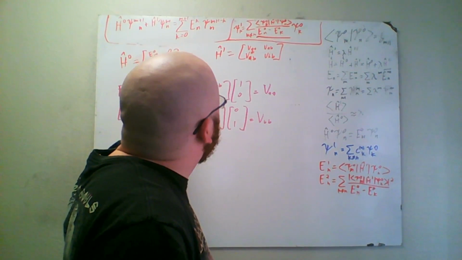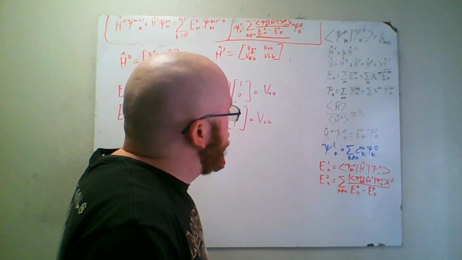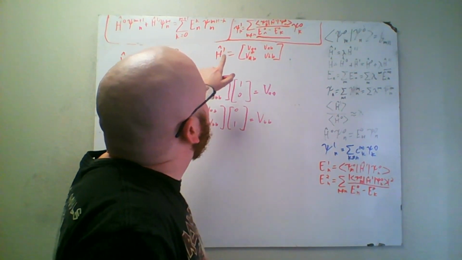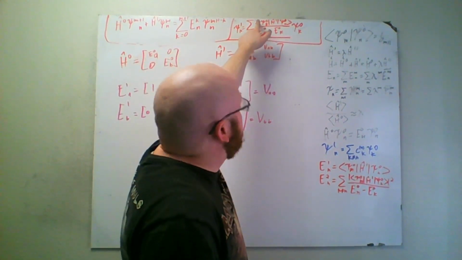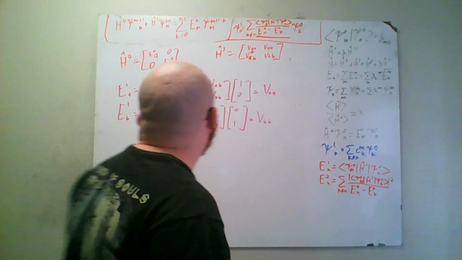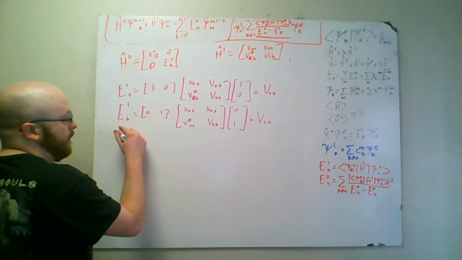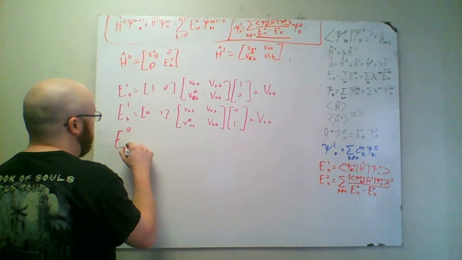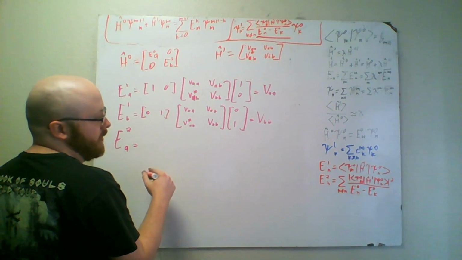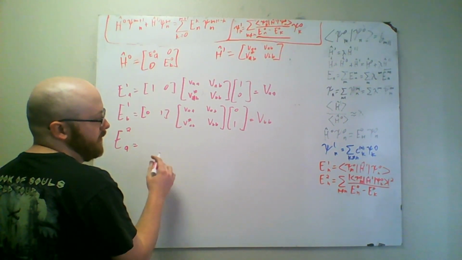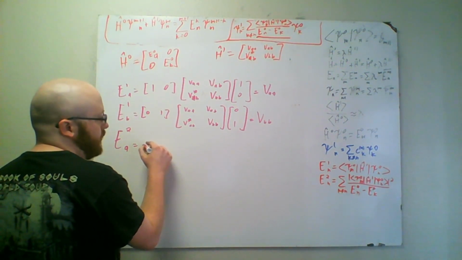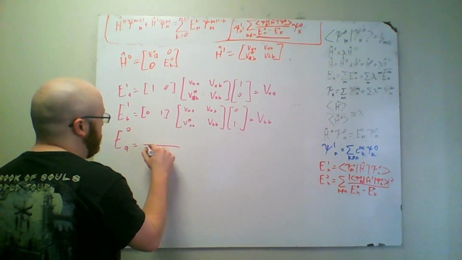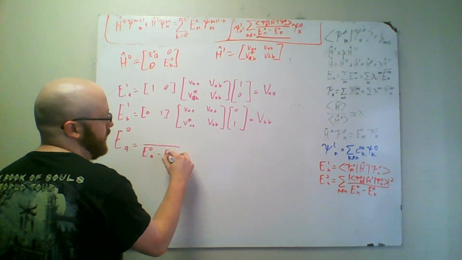Right. And then second order, I know there's some overlap here. There it is. Okay, so second order, let's do those real quick. So E2N, so E2A equals sum over K not equal to N. So there's only one other possible K, so this is K equals B. So E0A minus E0B.